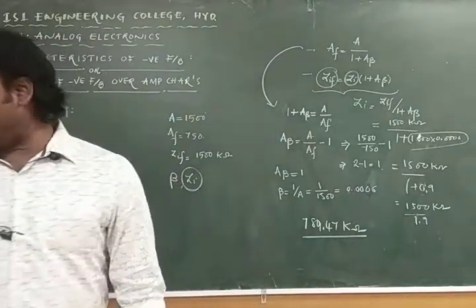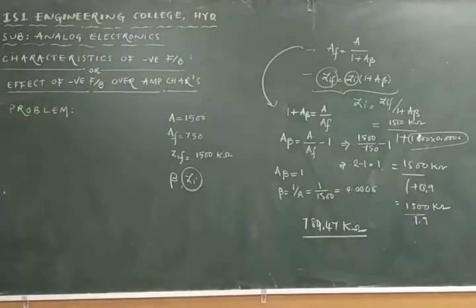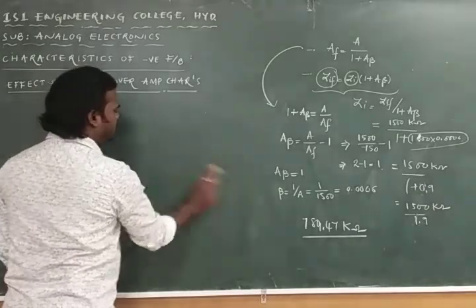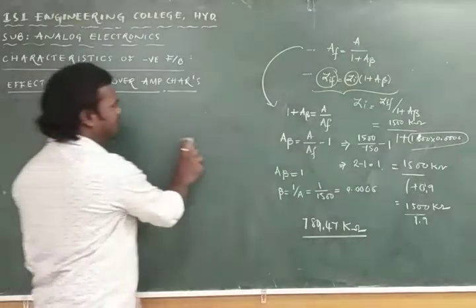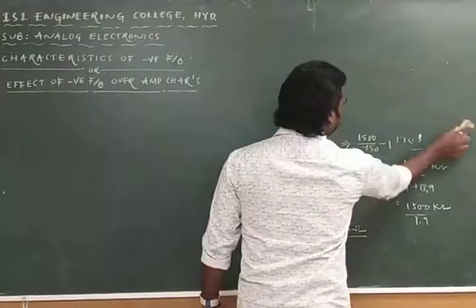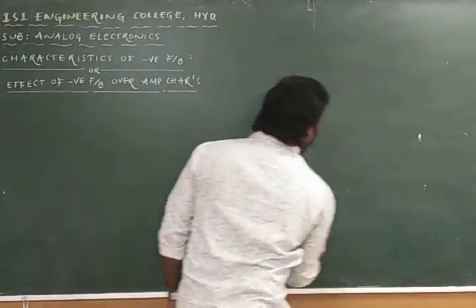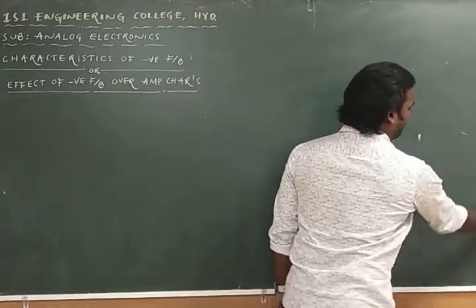The next one we have to discuss is the third characteristic. Output impedance decreases. Third characteristic of negative feedback, that is output impedance.